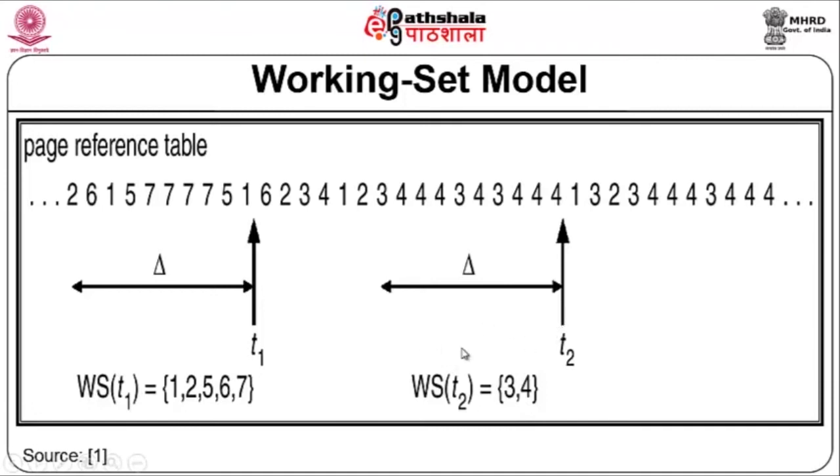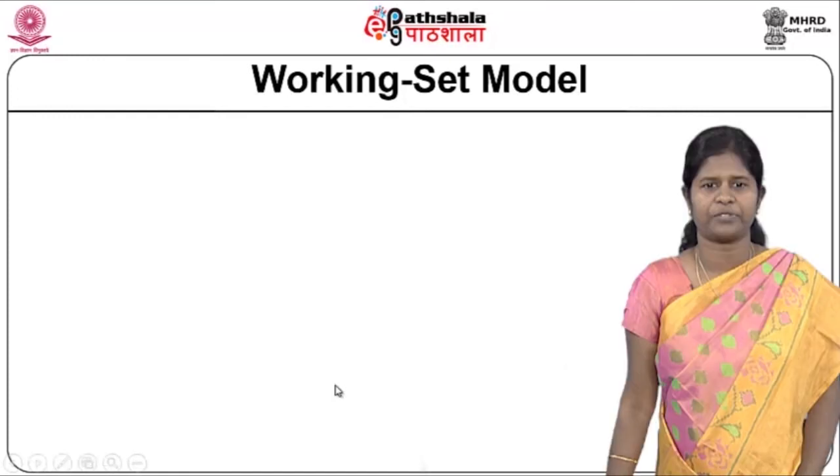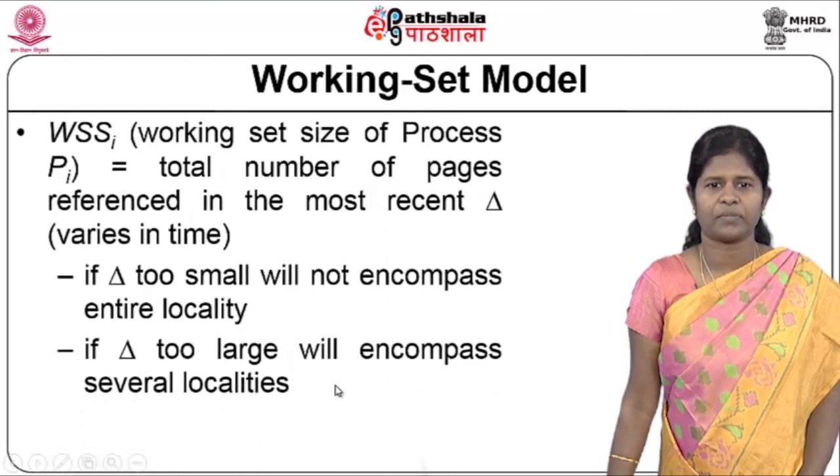So, at time t1, it is needed to have 5 pages for that process in the physical memory, but at time t2 it is enough to have only 2 pages, because only 2 pages are active at t2.